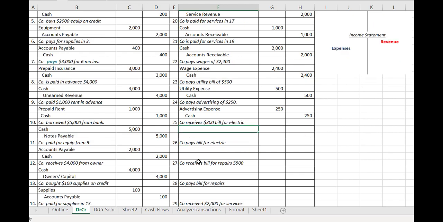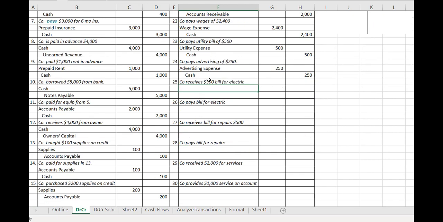Now this is a little bit tricky. The company receives a bill for electric. If you receive a utility bill, that means you already used the electricity, so it would be an expense. It was used in generating the revenue. So you could have electric, but we can just call it utility expense for 300. And this would be accounts payable, $300.